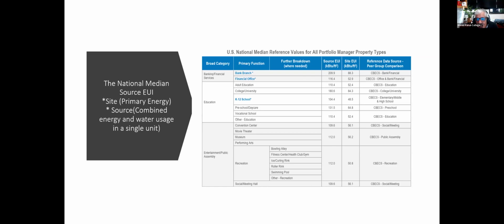If you look at other education, like public education and other things, it's 52.4 and so on. So for the building that I mentioned at the beginning, with about 26 EUI, we are 50% of this. That's why it is a platinum LEED certificate building.